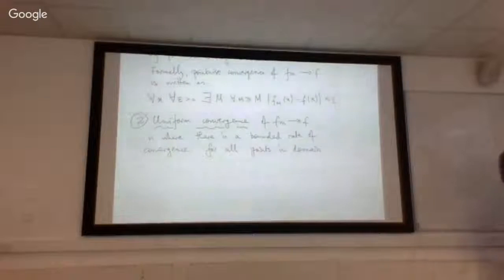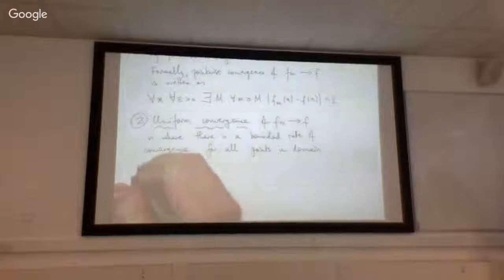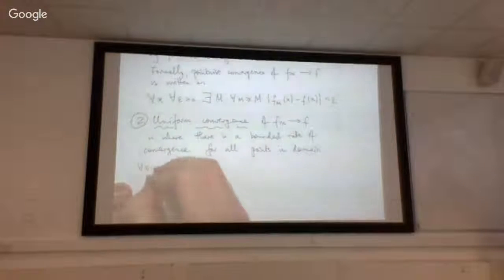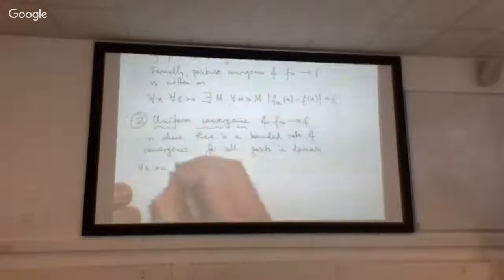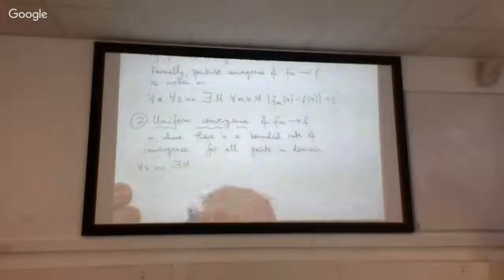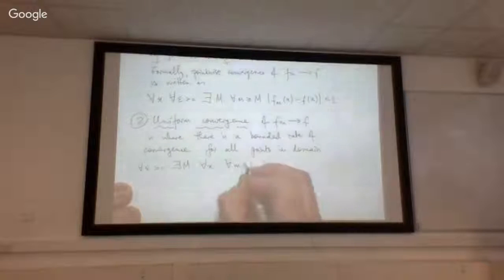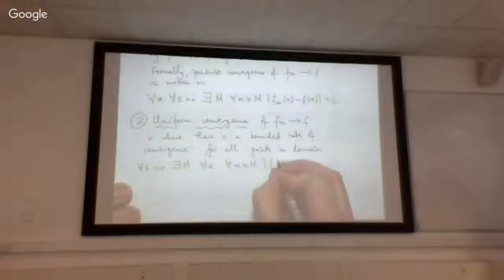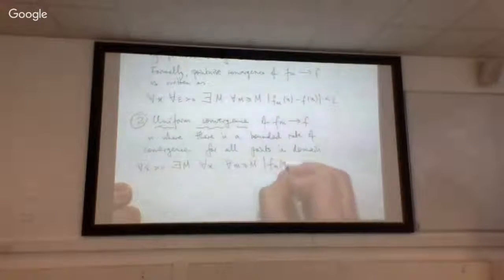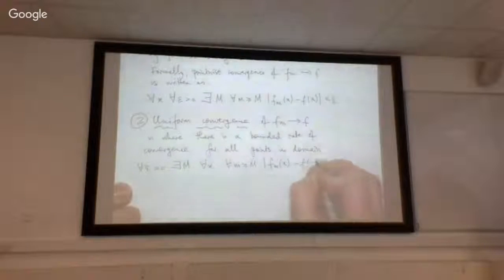And the formal version of it just says for every epsilon greater than 0, there exists a point capital M such that for every x, for all m greater than or equal to capital M, the absolute value of fm of x minus f of x is less than epsilon.